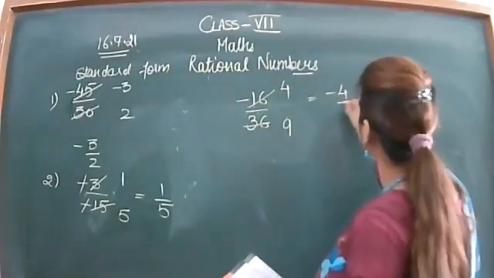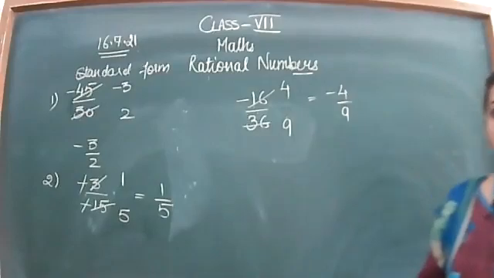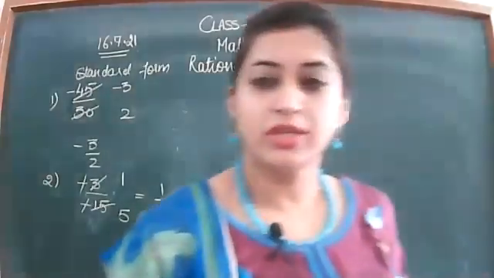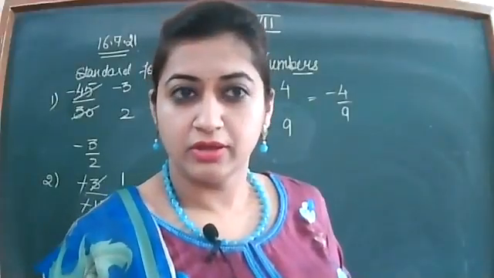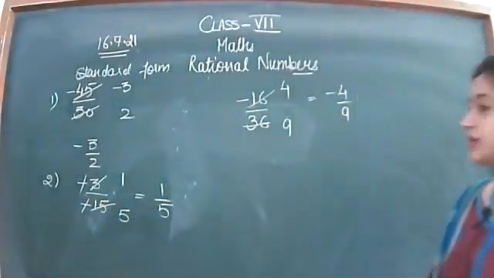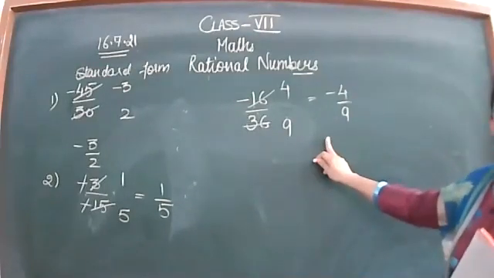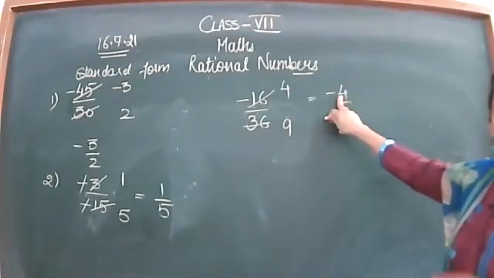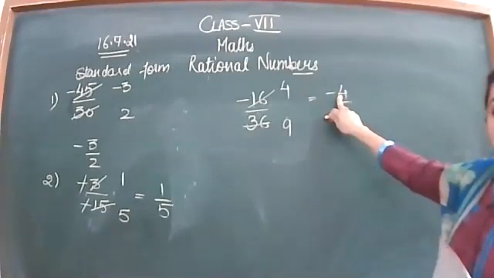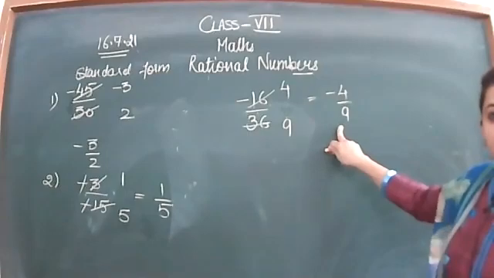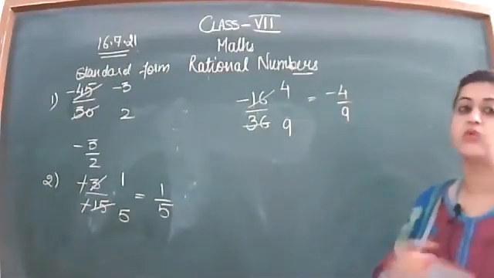Now the answer is minus 4 by 9. 4 and 9 don't have any number common, so it is your standard form. You can't reduce it further. It cannot be cancelled out with any other number. 4 can be cancelled out with 2, but 9 is an odd number. This can't be cancelled out with 2. So this will be your reduced form.